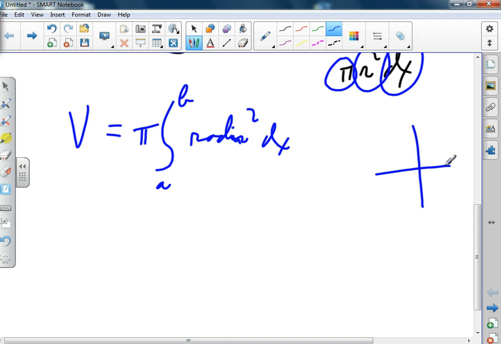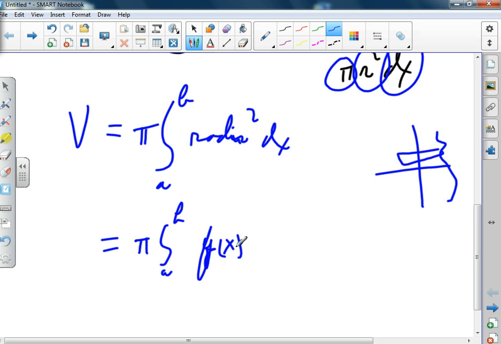So I could have a curve sitting over there and rotate it around the y-axis. If I'm doing the x-axis, I go pi, integral A to B, of whatever the function in x is, squared. That'd be the radius squared dx.